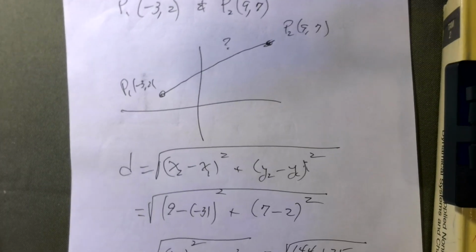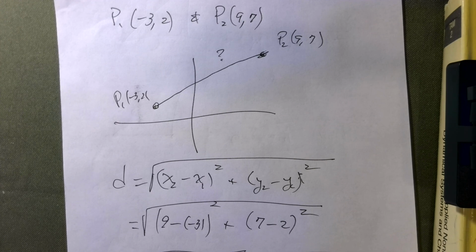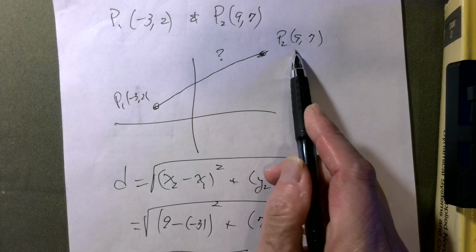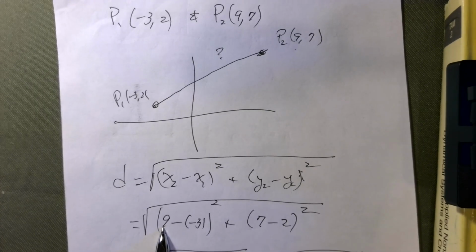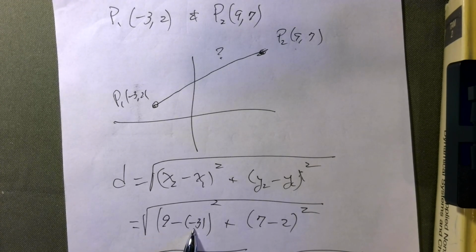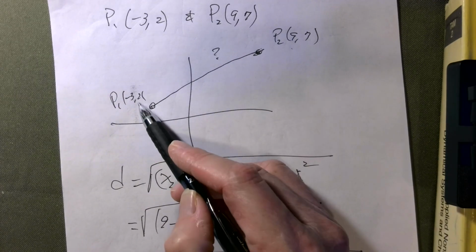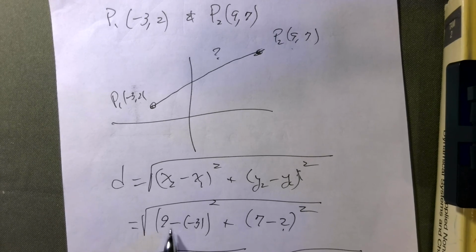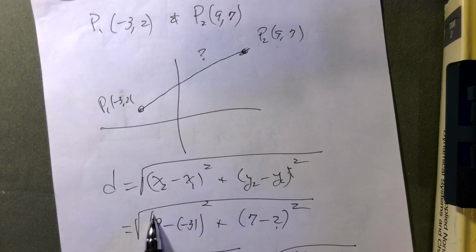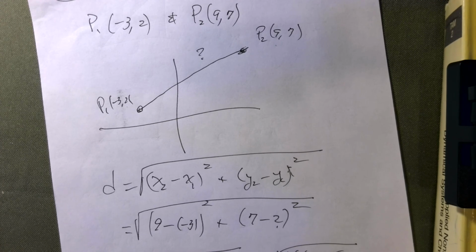So the distance between these 2 points, what do you do? You take the rightmost x minus the leftmost. So I take my 9 minus, be careful, a -3, and then I square it. I take the difference in the y values, 7 minus 2, and square it. So 9 minus -3, remember this is inside and being squared, so this becomes 12 squared. 7 minus 2 is 5 squared.